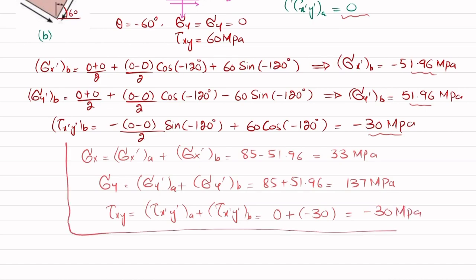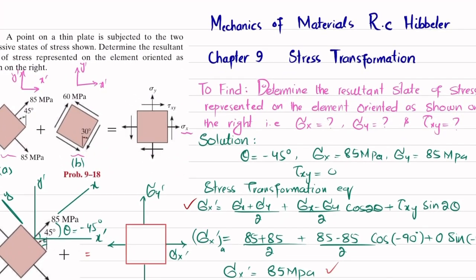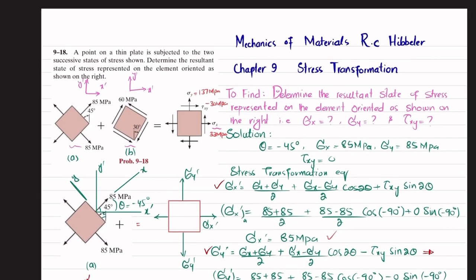And this is how we have calculated the answer of this question. So in the end, sigma x is equal to 33 megapascal, sigma y is 137 megapascal, and tau of xy is minus 30 megapascal. And that is all about this problem 9-18.